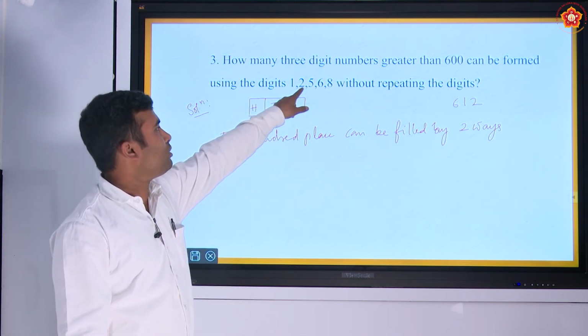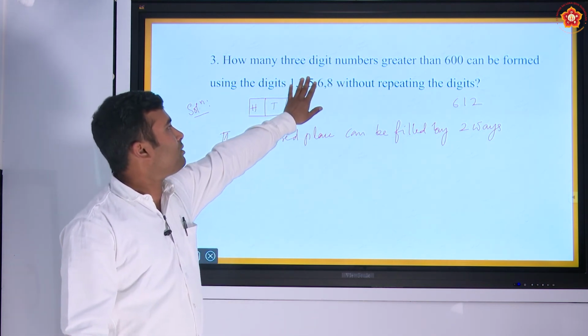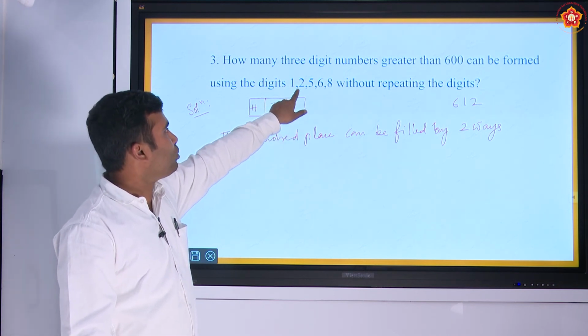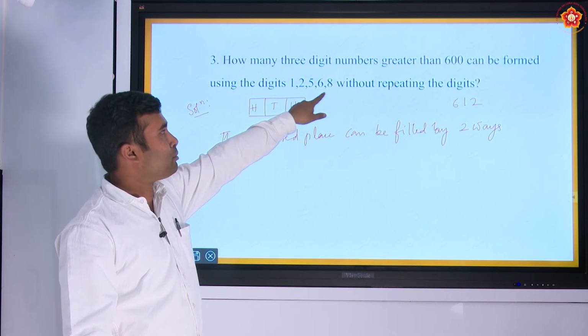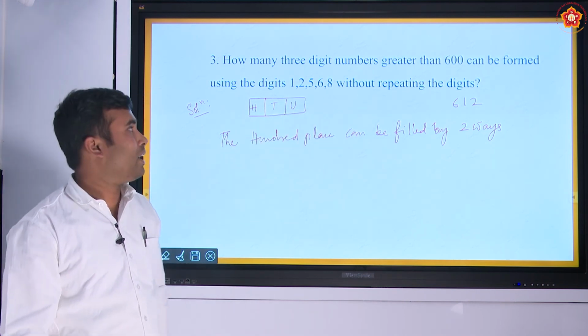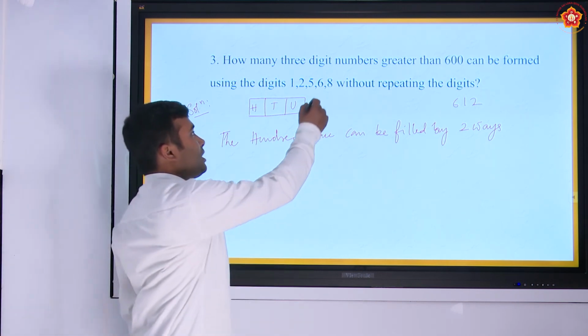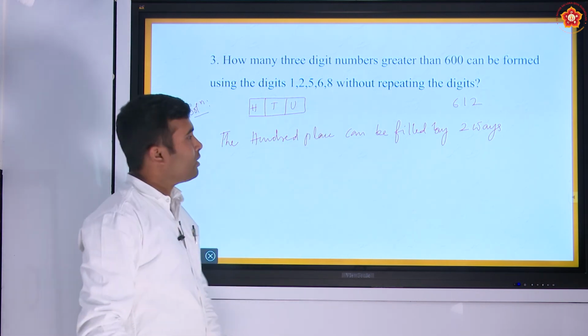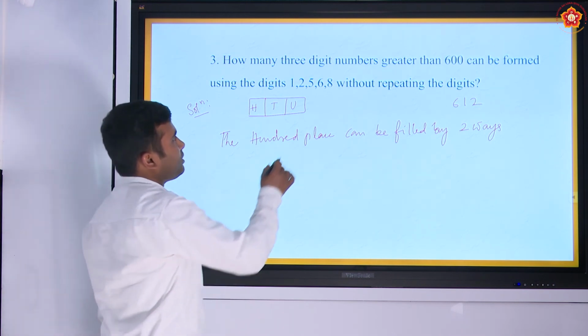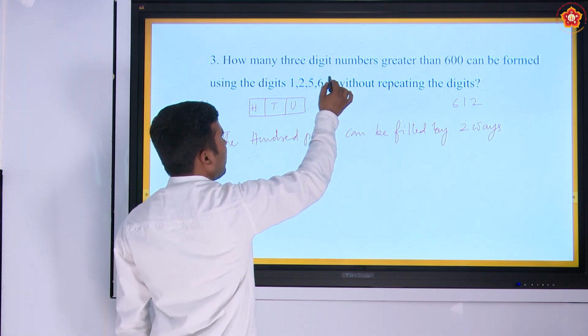Given digits are 1, 2, 5, 6, 8. Any one of these digits is removed. 1 cannot be removed, 2 cannot be removed, 5 cannot be removed, because the 3-digit number must be greater than 600. Either 6 or 8 can be removed. Then if one digit is removed, how many digits are left? Say I remove this 8.